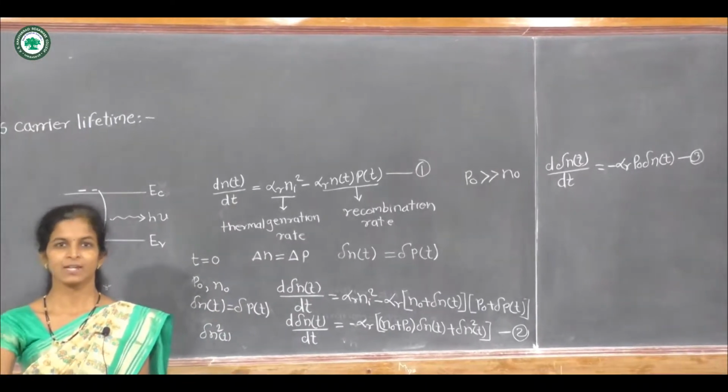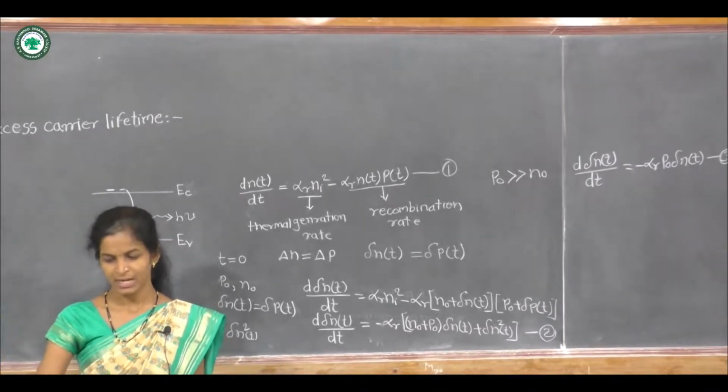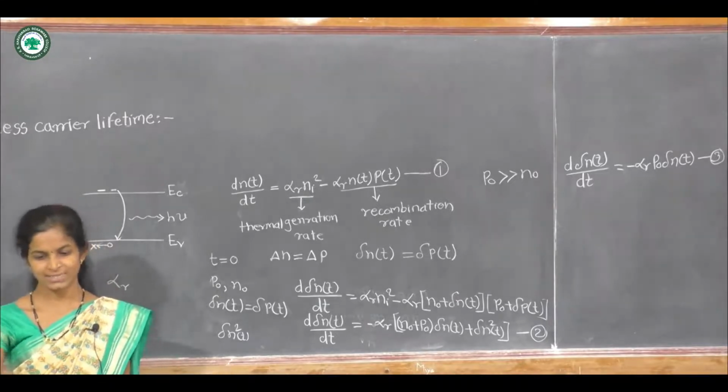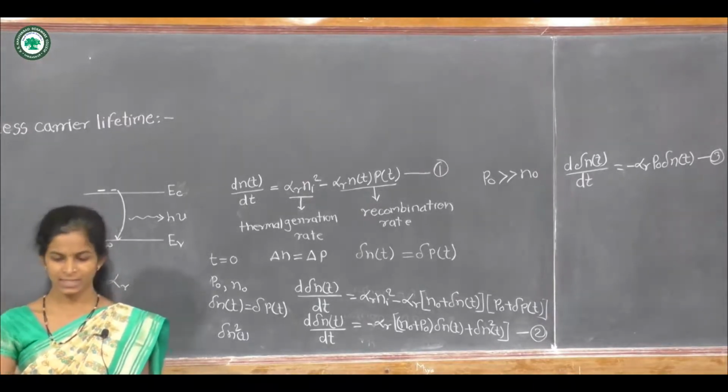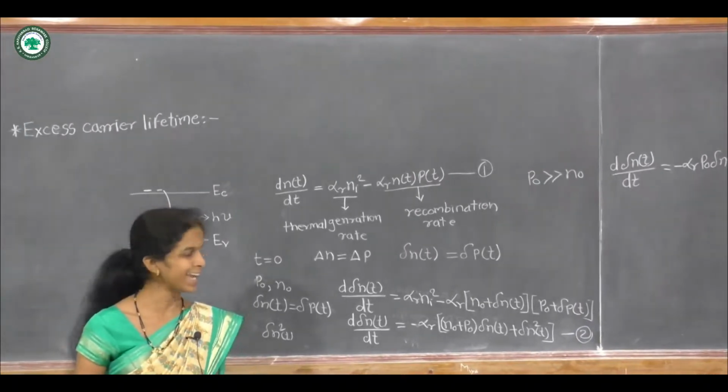So this is the equation which represents the excess carrier concentration for p-type material, and the solution of this equation is an exponential decay from the original excess carriers delta n.